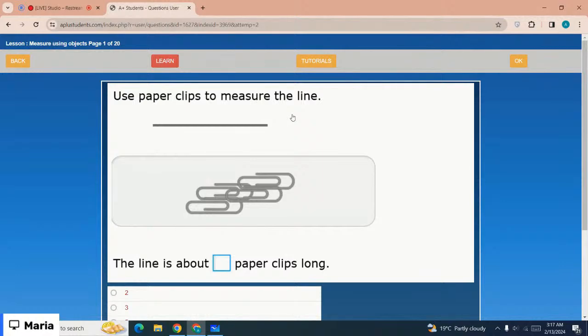So which is the correct option? I think that would be three paper clips long. The correct option is three.